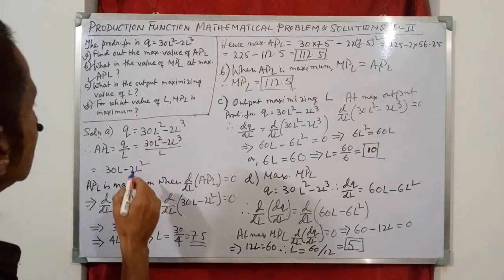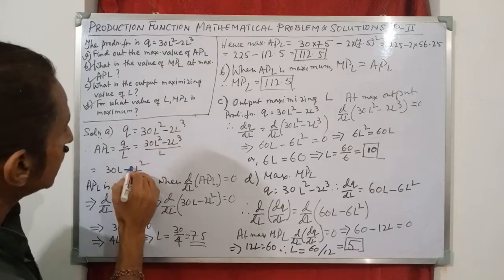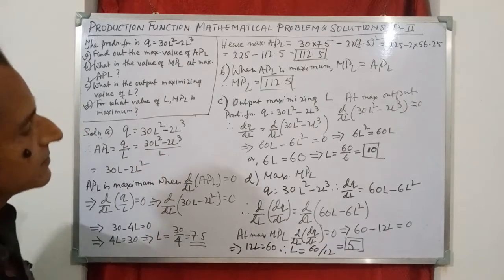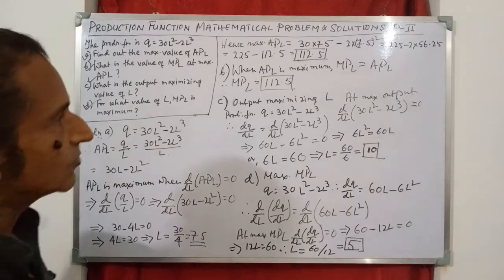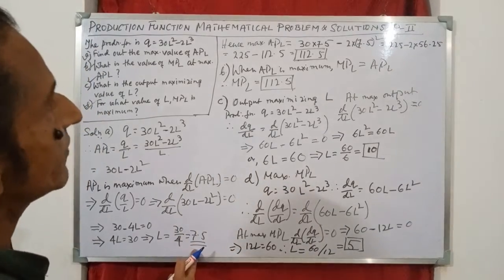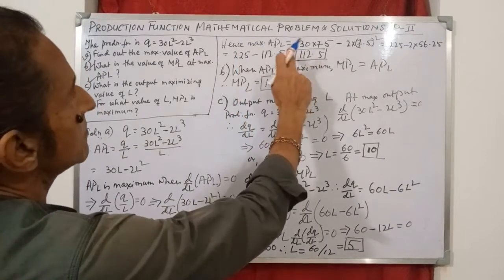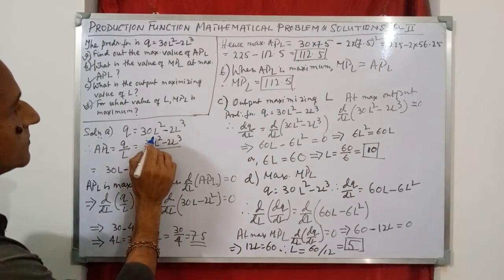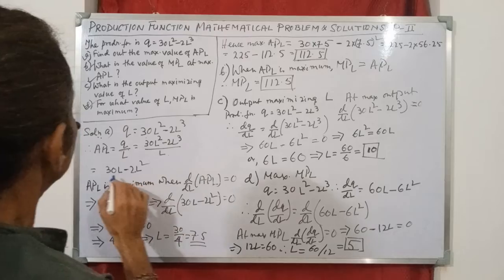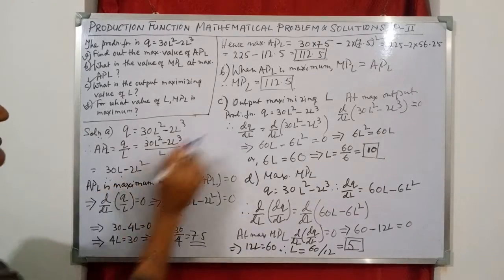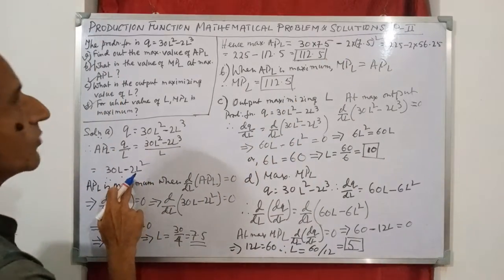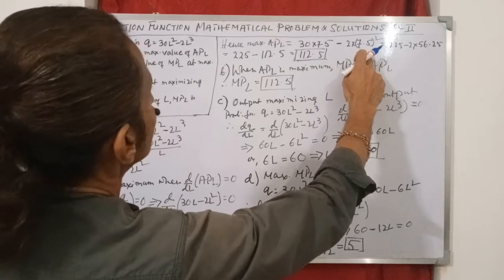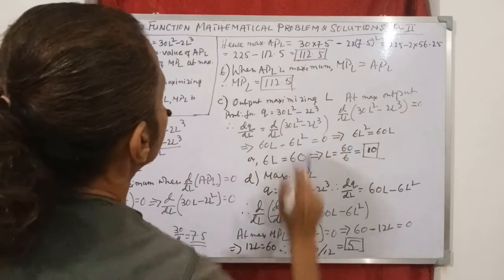Now what is APL? APL is Q by L equals 30L square minus 2L cube by L. So here we have put the value of L, 7.5. Maximum APL equals 30 into 7.5 minus 2 into 7.5 square. This gives us a value 112.5.